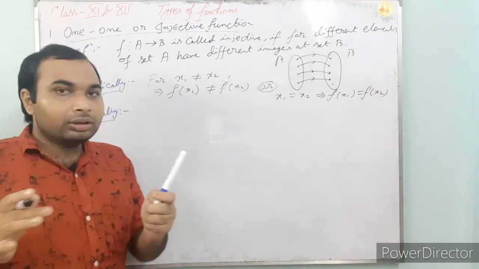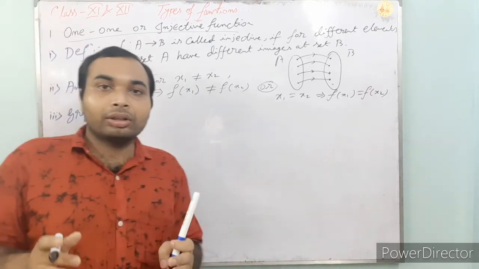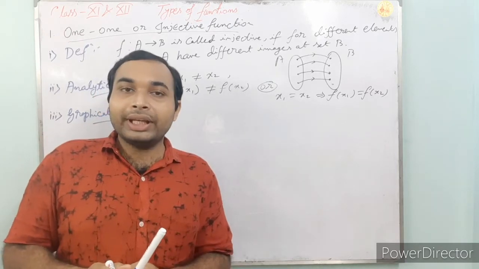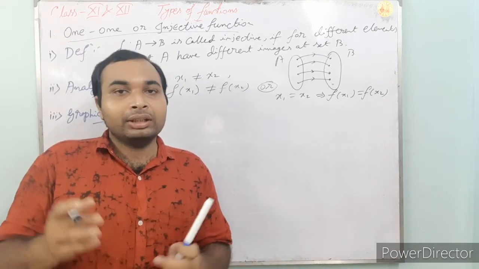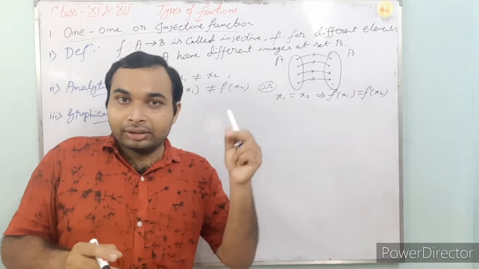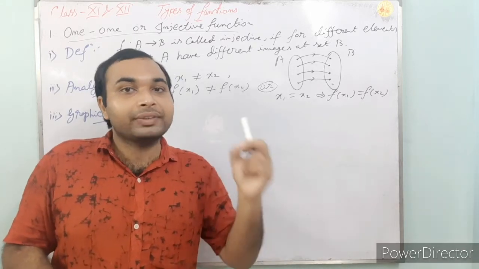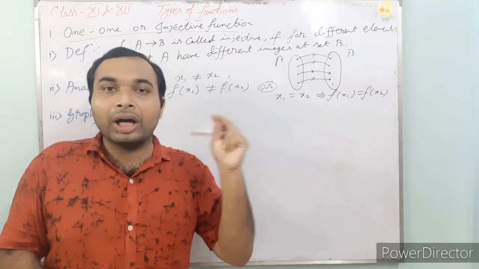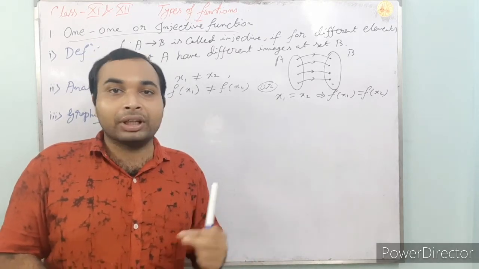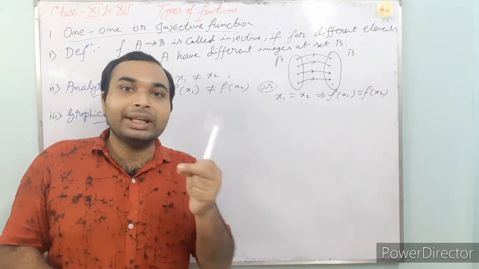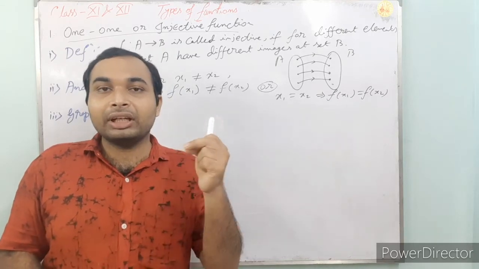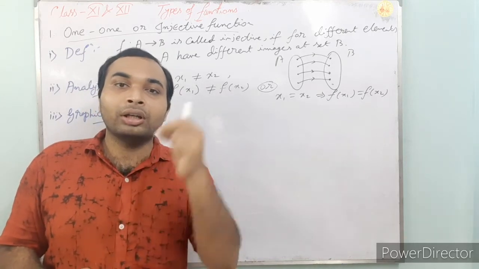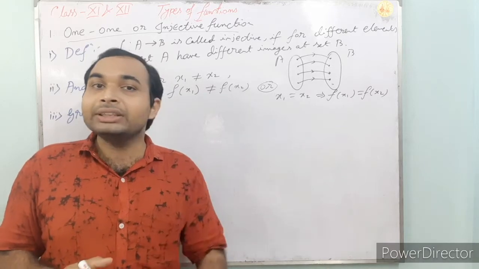If we draw a line parallel to the x-axis, and that line intersects the graph of a function at one and only one point, then we can say the graph is of a one-to-one or injective function.